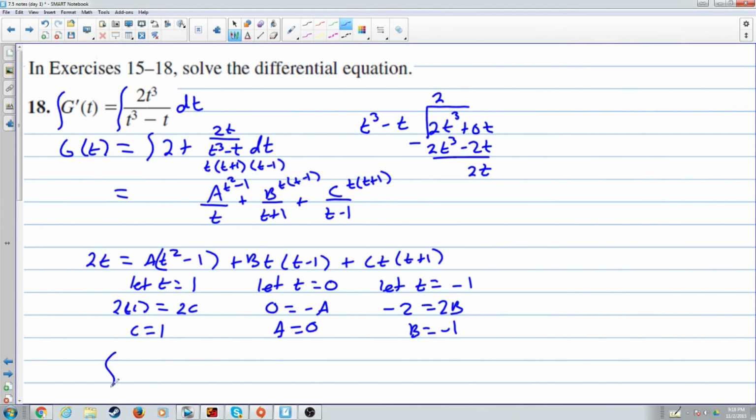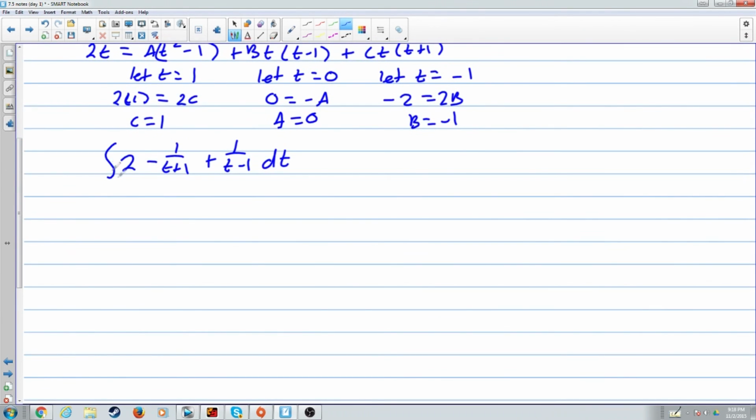So now we are integrating 2. The a is gone, so that piece is gone. The b is minus 1 over t plus 1, and the c is 1, so we have plus 1 over t minus 1 dt. We know what the integral of 2 is.